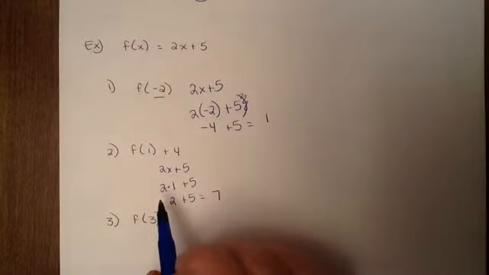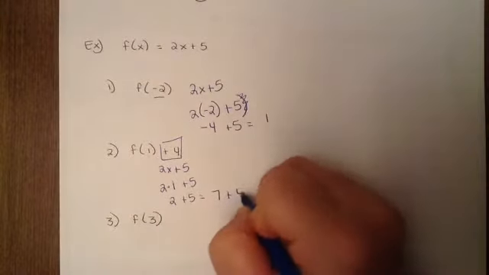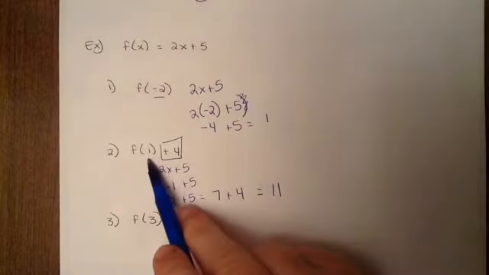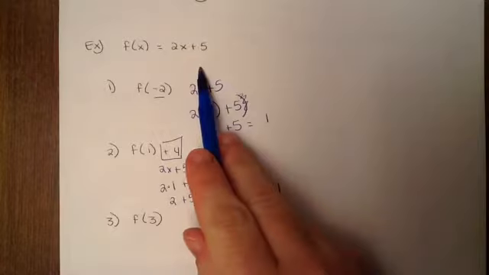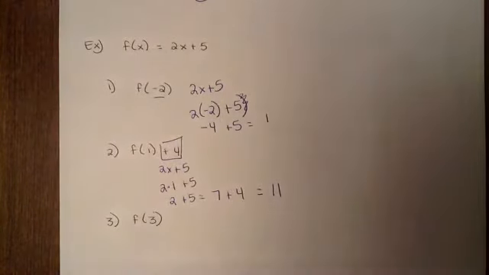And then what else am I missing? The plus 4. So add 4 on to our answer and we get 11. Plug this value into the function, and then add on 4.